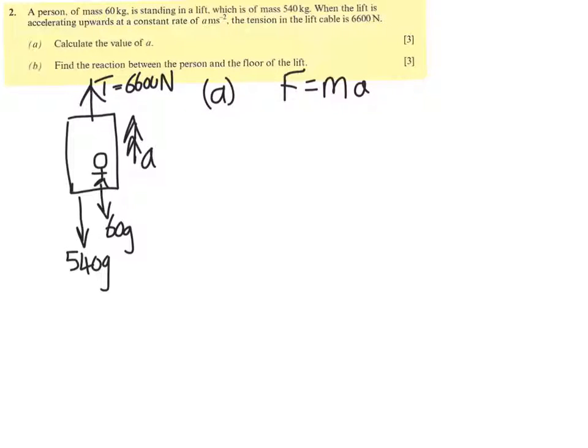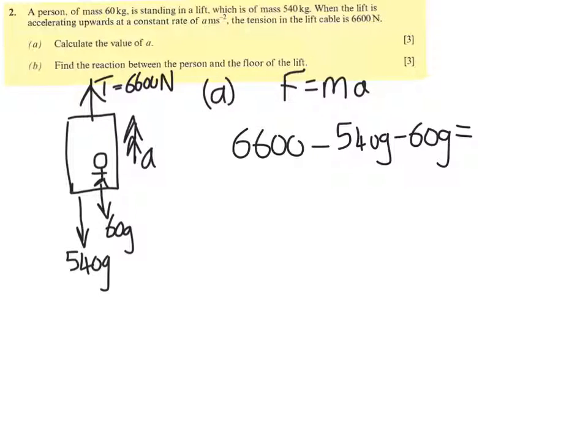I know tension is 6,600, so I'm going to write 6,600. The forces acting down in the opposite direction are the 540 g, and I've got to take away the 60 g, because that's all the forces acting downwards, those two.